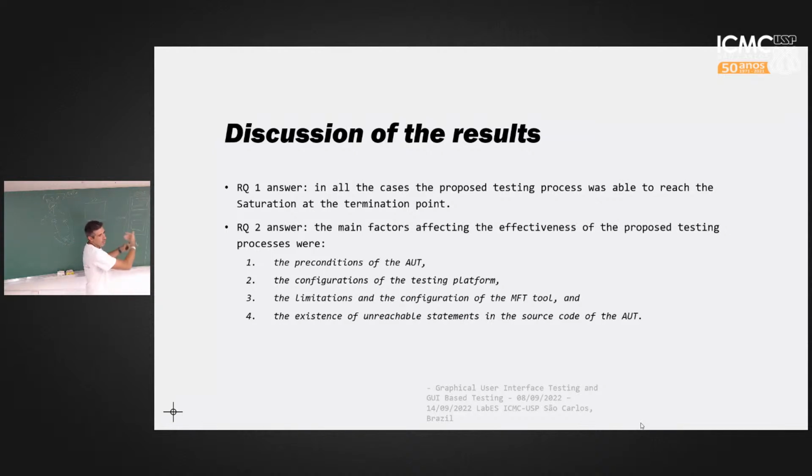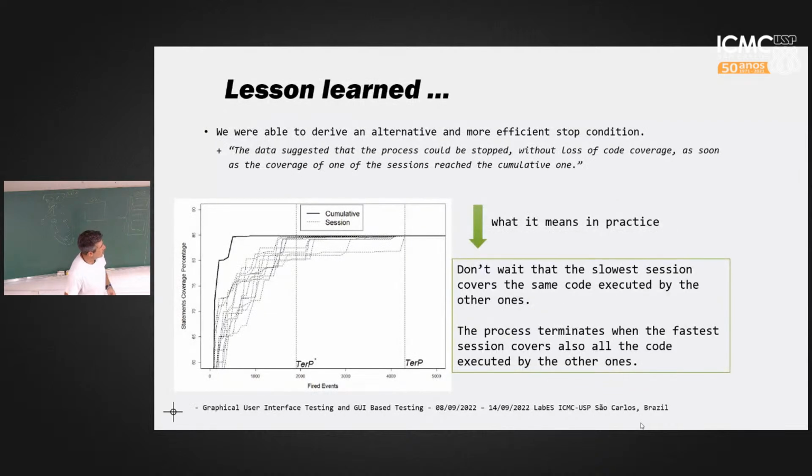Since my tool is not able to fire this event, I have a limitation, and that code can never be covered. We can use this approach for discovering unreachable statements. So the code that is not covered could be unreachable code.